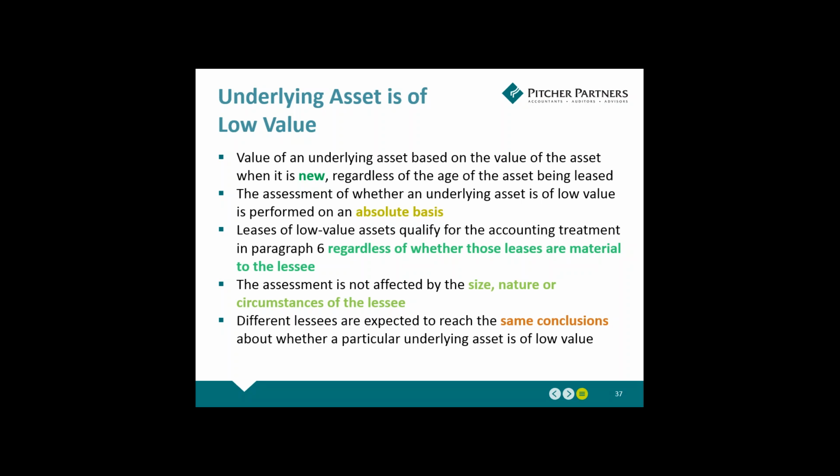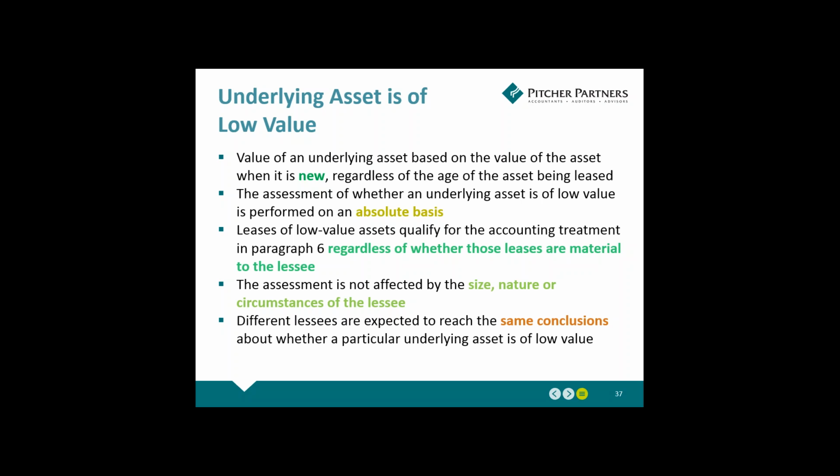So materiality has nothing to do with this assessment on whether it's low value or not. So you look at big entities, materiality could be very high. That doesn't mean everything below their materiality level is subject to this practical expedient. So it's an absolute basis. It's not relative. Materiality is relative.